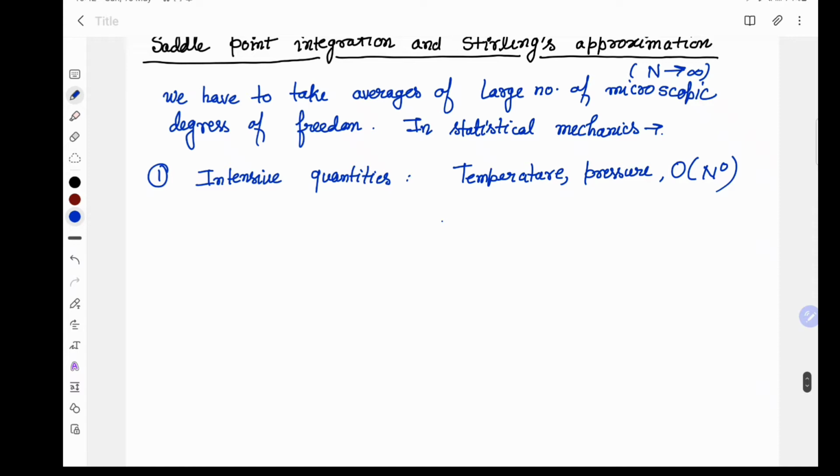This is also called the thermodynamic limit. Like the quantity we have discussed earlier, z, which is the summation over the microscopic degrees of freedom or the random variable in probabilistic description, divided by n. This quantity has order n0 dependence.